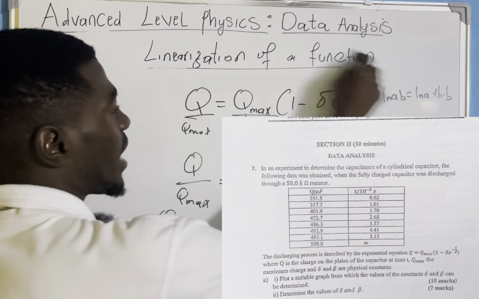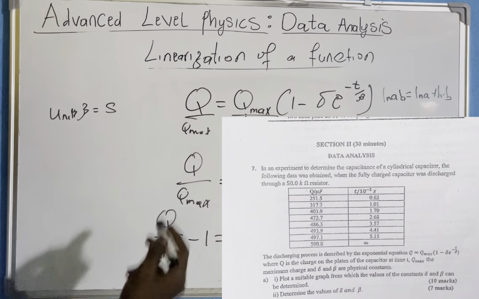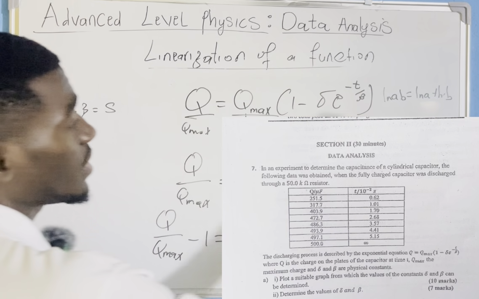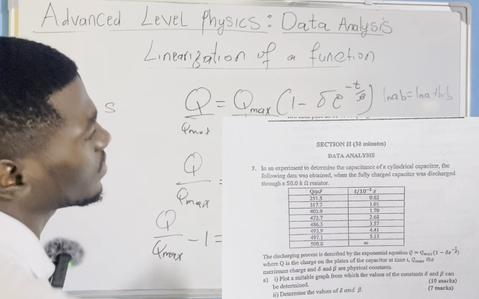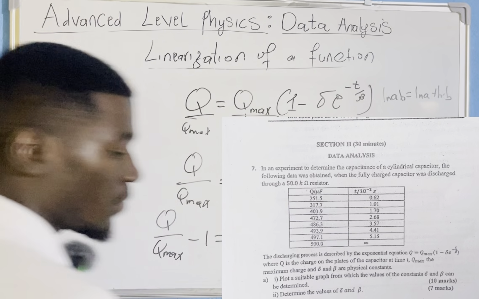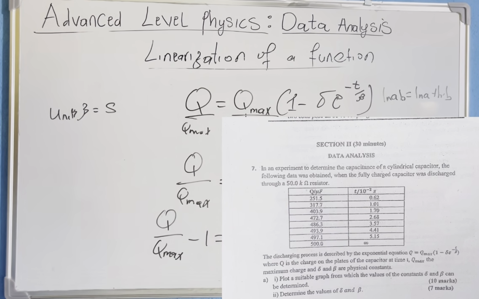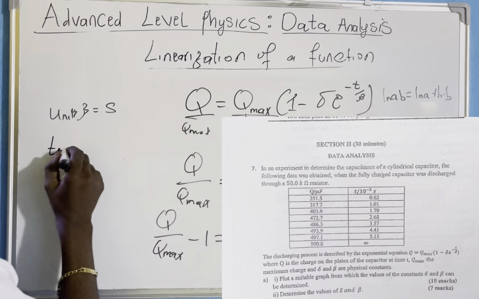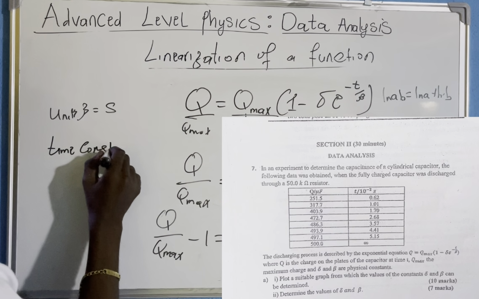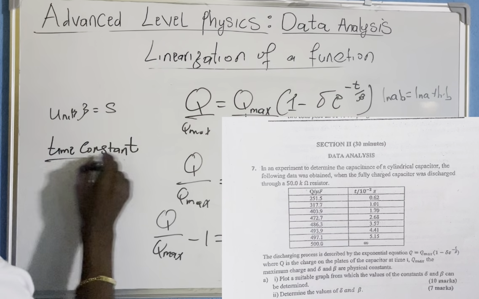You should know the theory behind the physical equation you are having here. We are talking about a charging process. Is it charging or discharging? No, we are discharging, pardon. We are talking about a discharging process. A discharging process means that beta here should be the time constant.